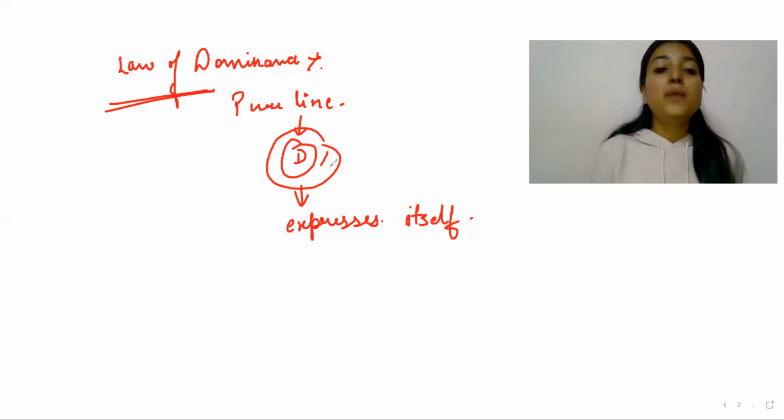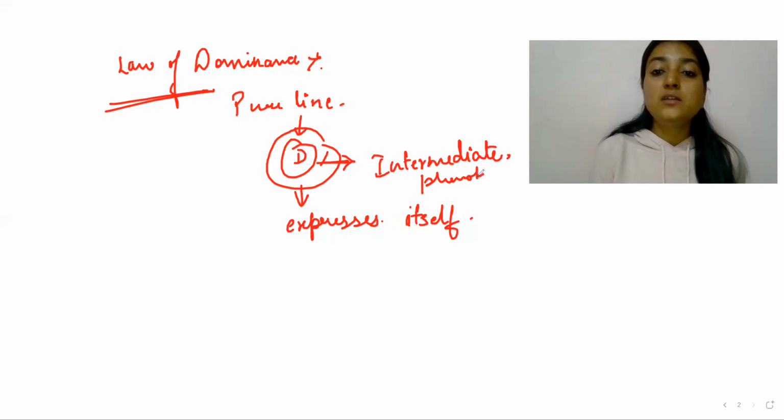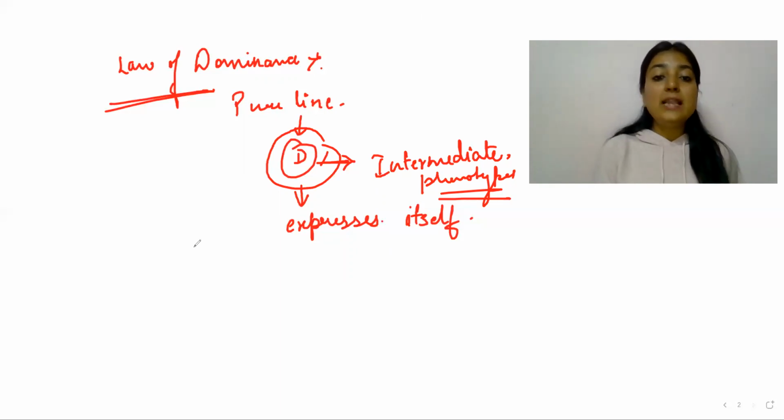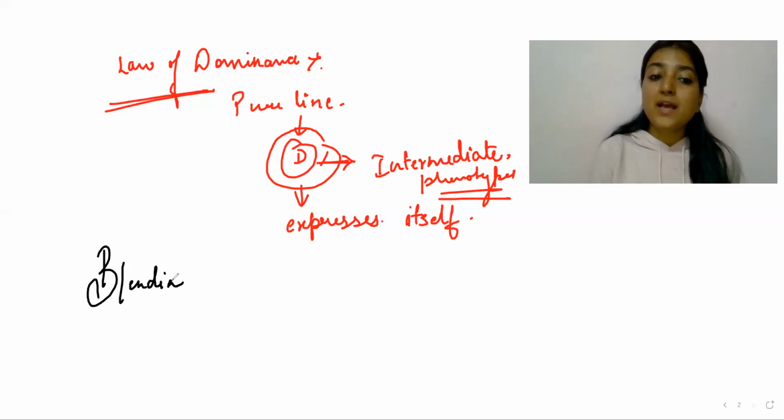When they are incompletely expressing, an intermediate type of phenotype is expressed, which is different from the parents. Now we cannot say that blending is happening. Why? I will tell you with examples.